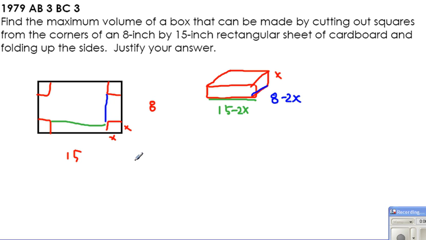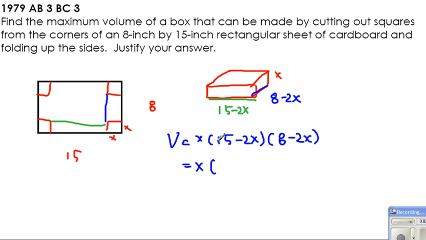Therefore, for the maximum volume, once again we are looking for the volume formula, which is x times 15 minus 2x times 8 minus 2x. In this case, we have three things, so why don't we multiply them out?